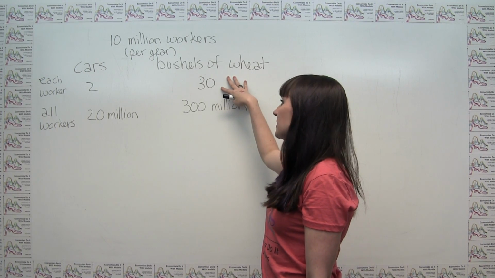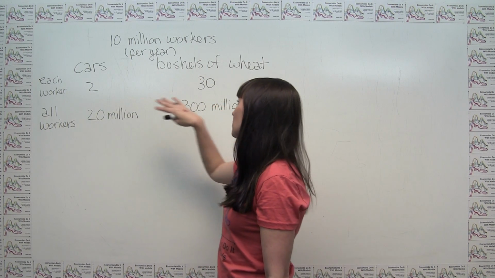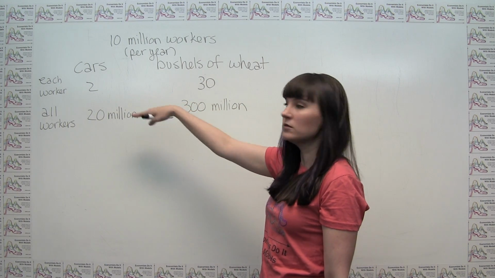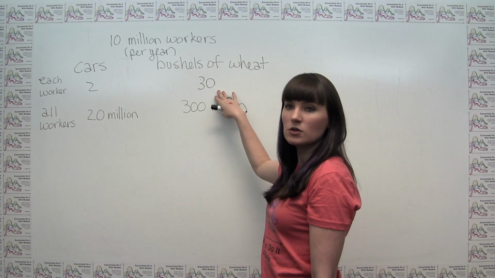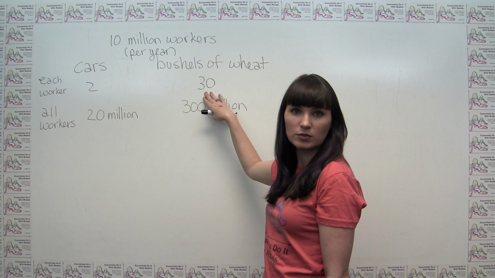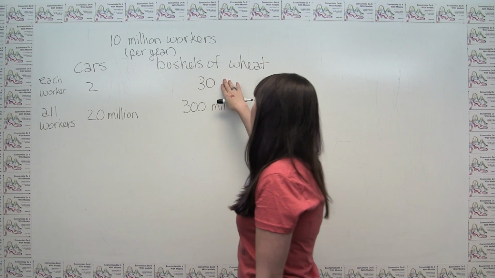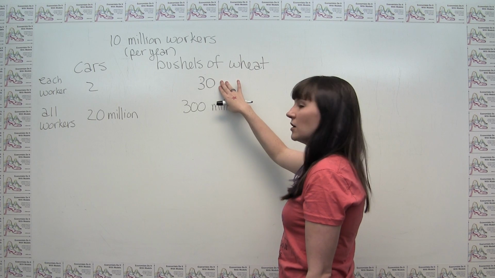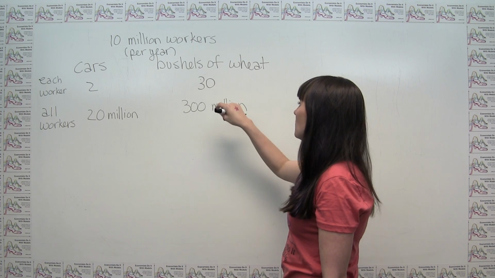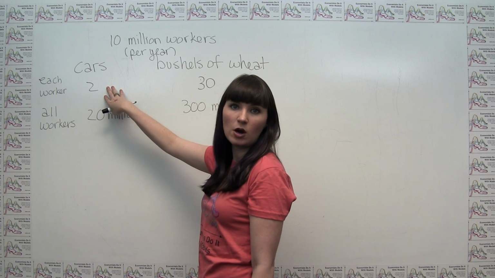Well, if we just scale that down, it must be the case that the opportunity cost of 1 car, which is half of 2, is then half of 30. So you could say that the opportunity cost of a car is 15 bushels of wheat. If we do this in reverse and think instead about the opportunity cost of wheat, we could say, well, to make 30 bushels of wheat, we have to give up 2 cars.